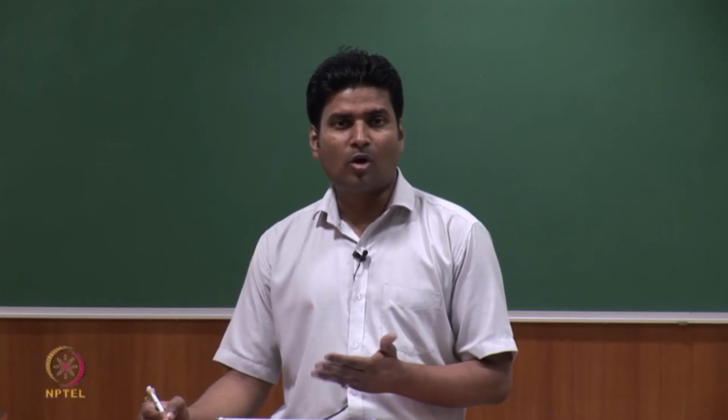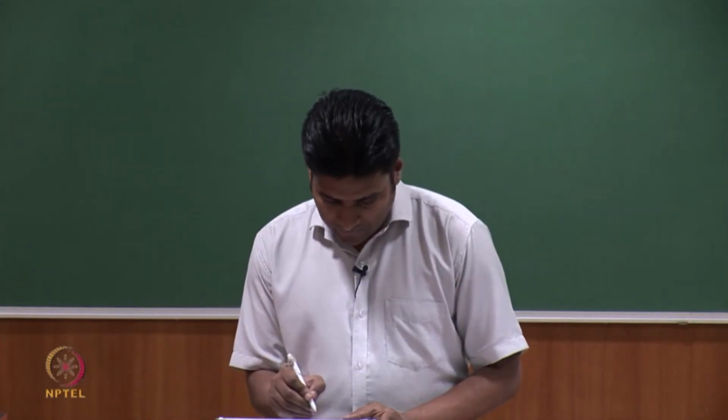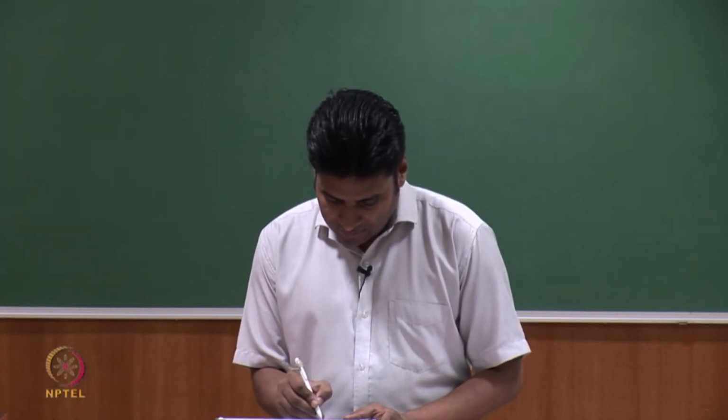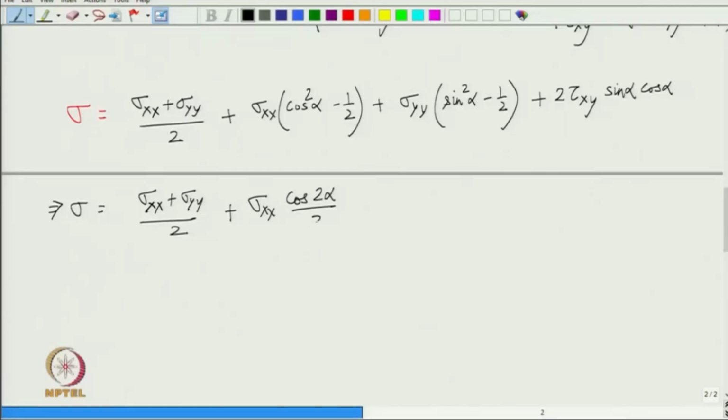So, this is nothing but cos 2 alpha by 2. Okay. So, we get this as sigma x x cos 2 alpha by 2. Similarly, sin square alpha minus half, that is actually minus of cos 2 alpha by 2. Look at the trigonometry, you will see it.